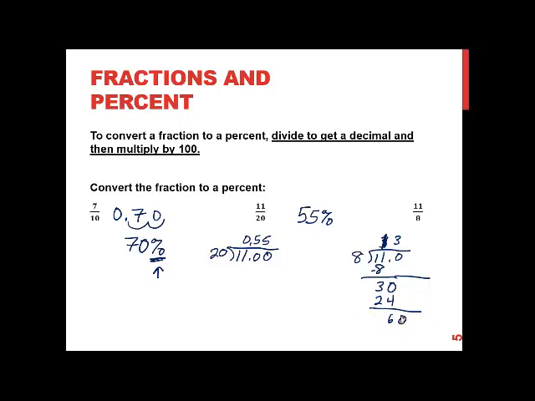Gives us a 60. Looks like 7. 7 times 8 is 56. Oh, is this ever going to end? Leaves us a 4. And finally, 8 goes into 40 5 times. So we end up with 1.375. When we move our decimal to the right 2 places, we get that this is the same as 137.5%.